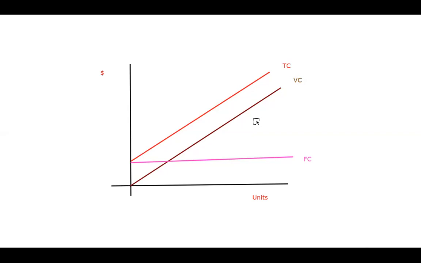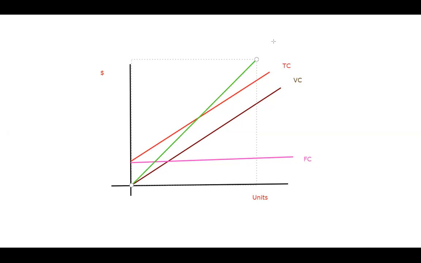Now, we are going to calculate our total revenue. I'll take the green line. Green one. Let's say this will be your total revenue. Okay, this will be your total revenue.